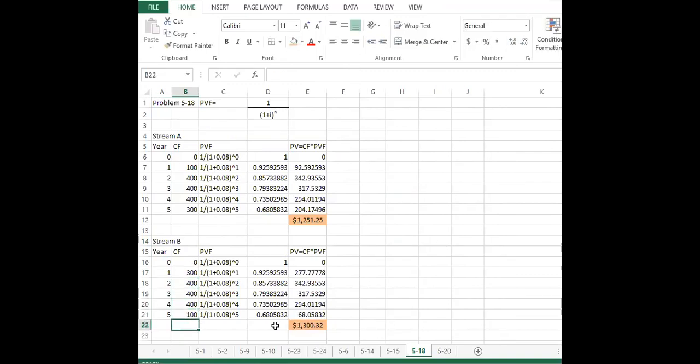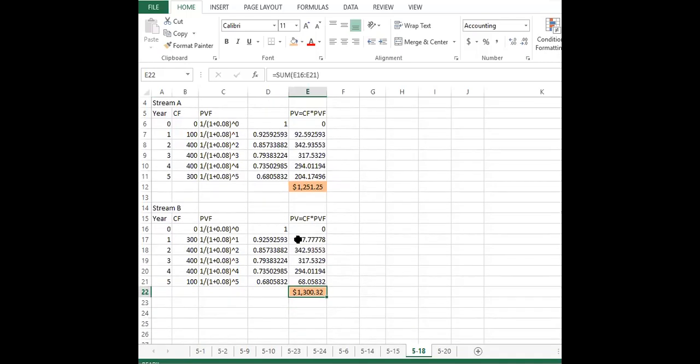Okay, so you can see the total present value is $1,300. Now, which stream is better? Obviously, the stream which has higher present value is the best one. So stream B is the best stream, or it has greater present value.